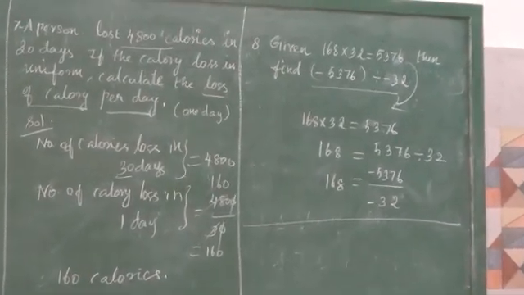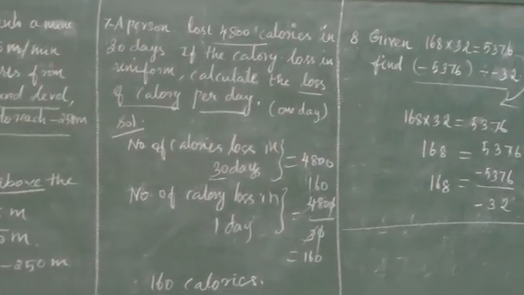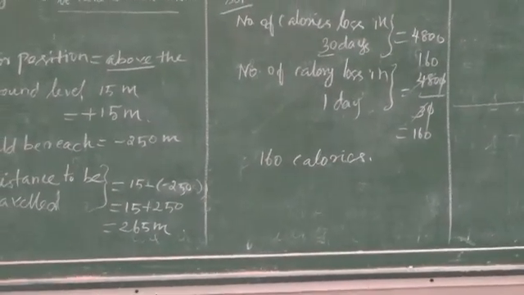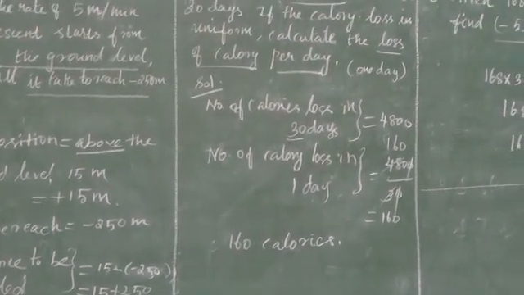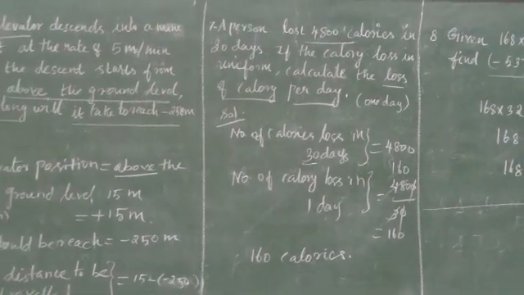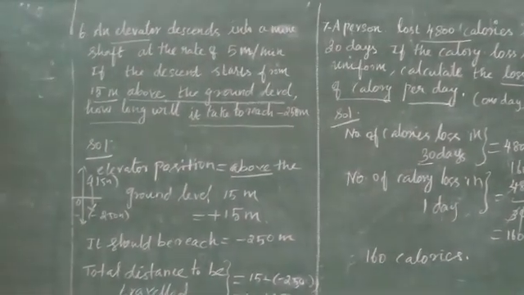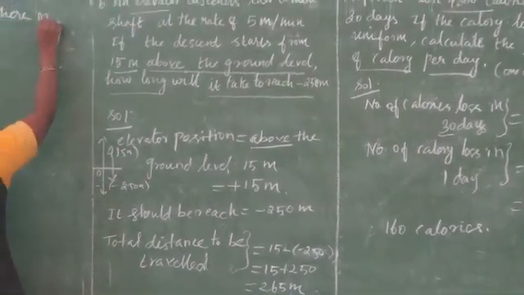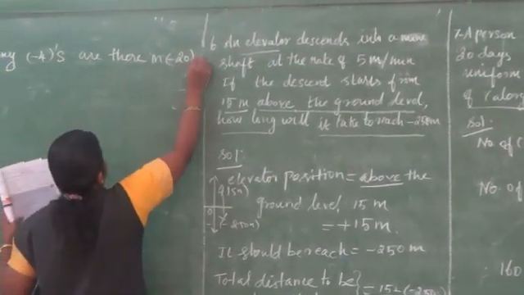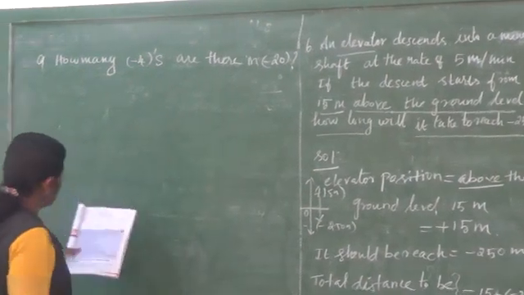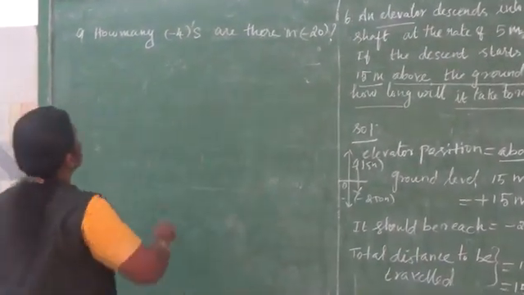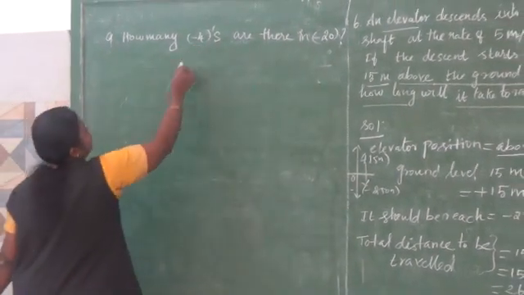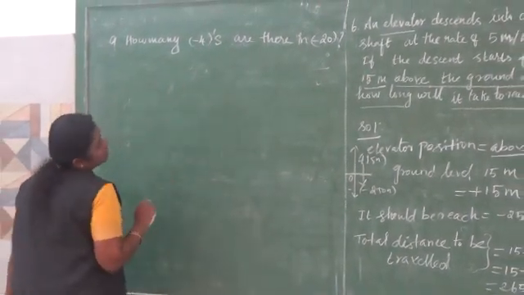Come to the 9th problem. The ninth problem is given to us: how many minus 4s are there in minus 20? Now you go to the 4th table. How many 4s are in 20?